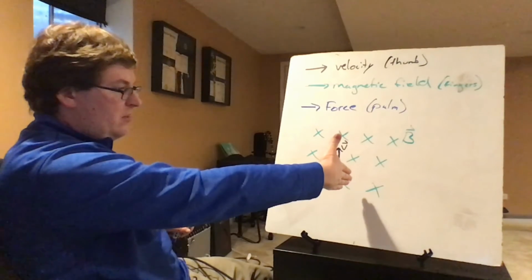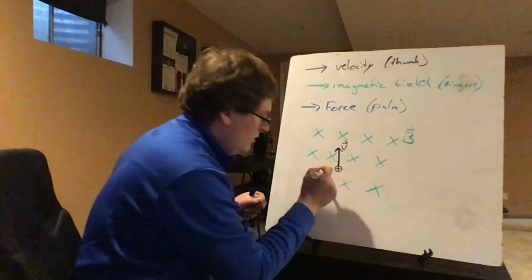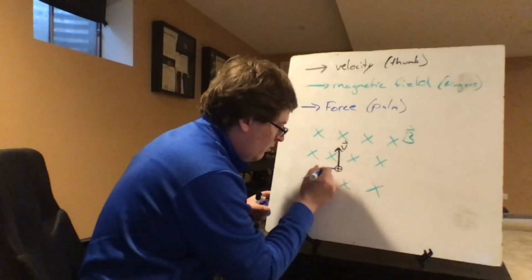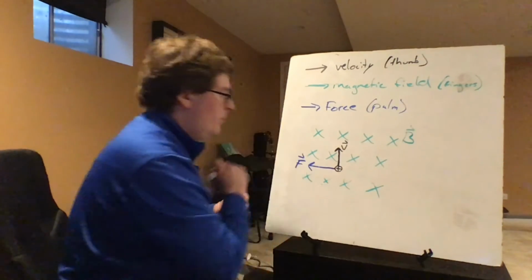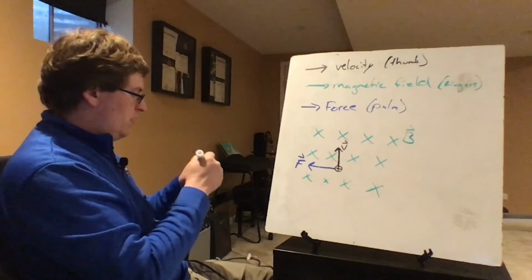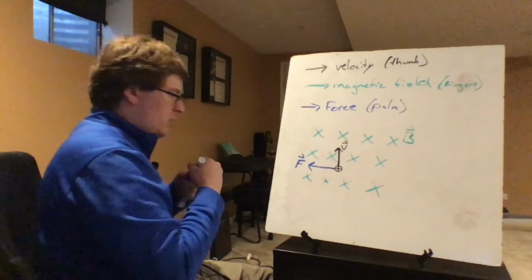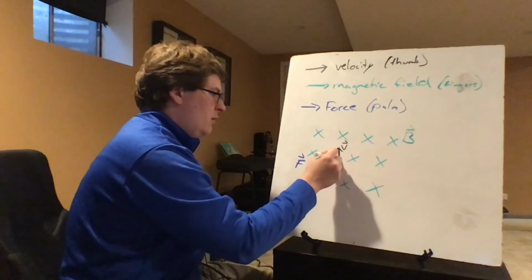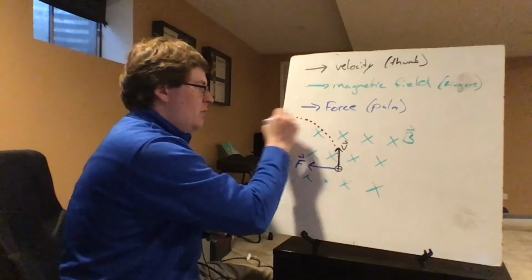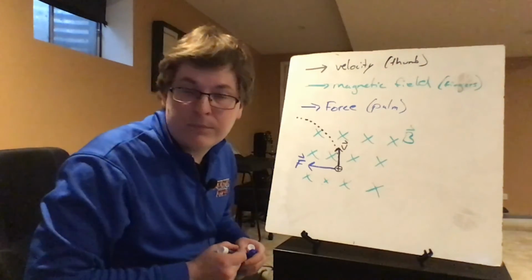My palm points to the left, and that is the direction that this proton will experience a force, to the left. Which means the path this proton will actually take will create a circle. As long as it stays inside this uniform magnetic field, this charge will start to create a circular path around and around and around. That's pretty neat.